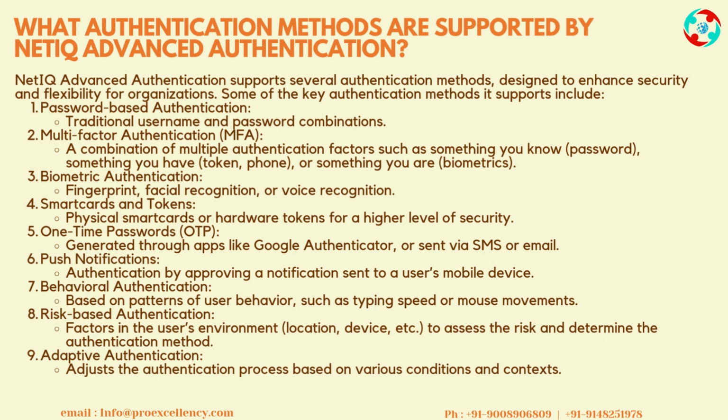Behavioral authentication. Based on patterns of user behavior, such as typing speed or mouse movements. Risk-based authentication. Factors in the user's environment, location, device, etc., to assess the risk and determine the authentication method. Adaptive authentication. Adjusts the authentication process based on various conditions and contexts.